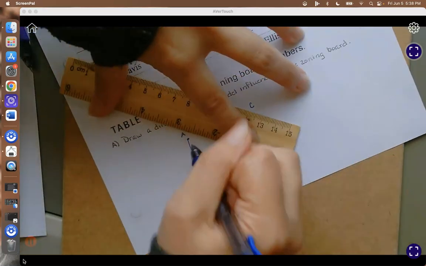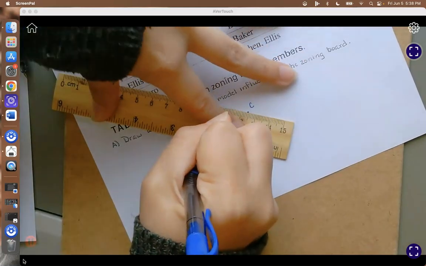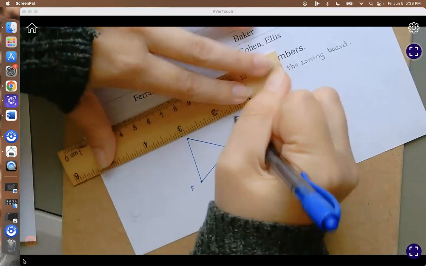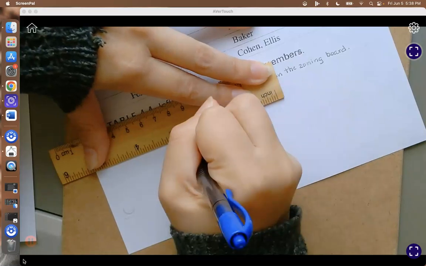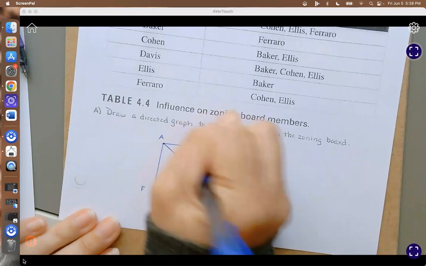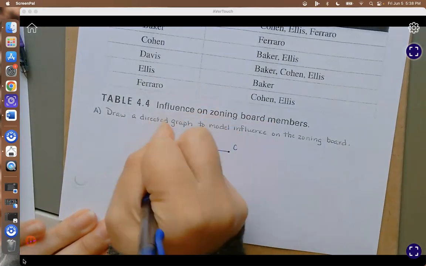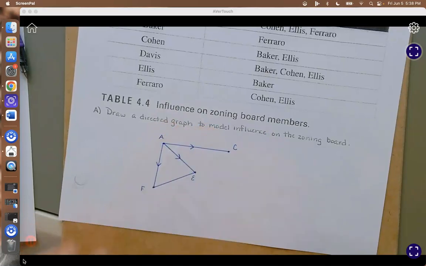So I'll just leave that alone for now. Alright, so Alvarez has influence over Cohen, over Ellis, and over Ferraro.